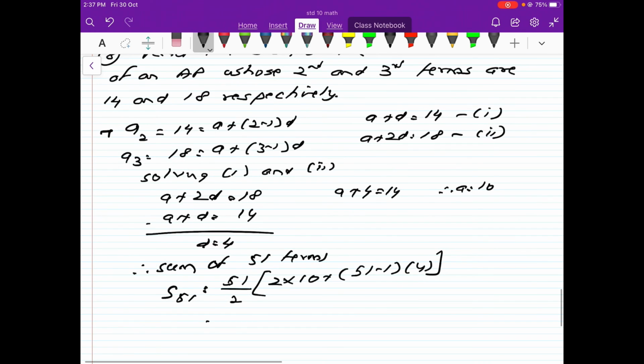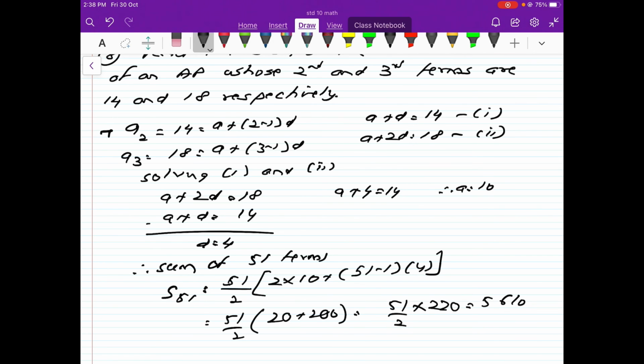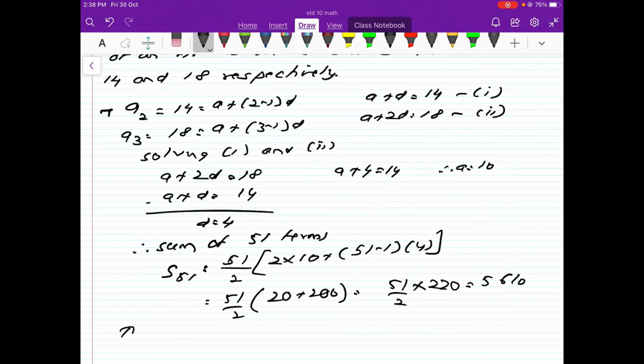So this is 51 upon 2 into 20 plus 50 into 4, which is 200. So it is 51 upon 2 into 220, which means it is 5610. So we will say the required sum is 5610.